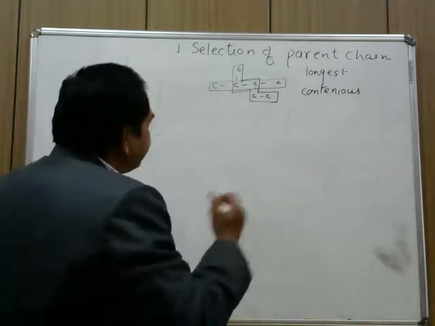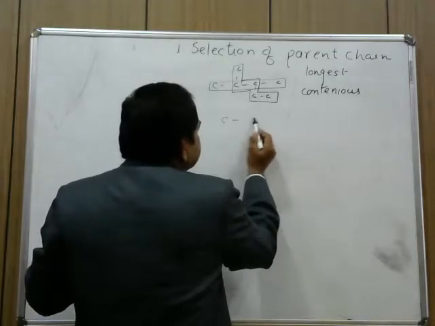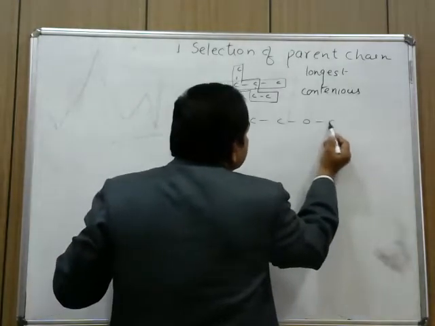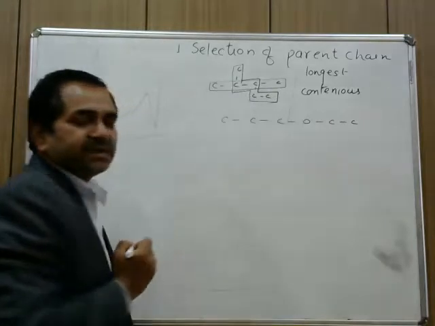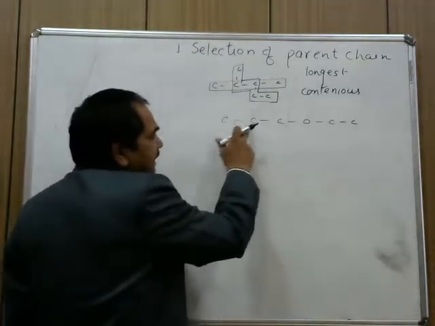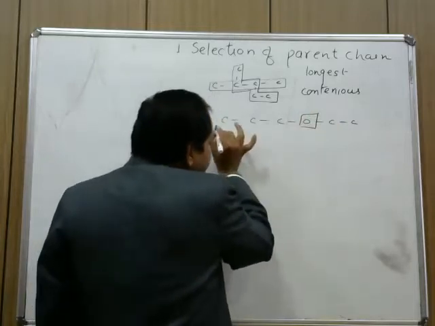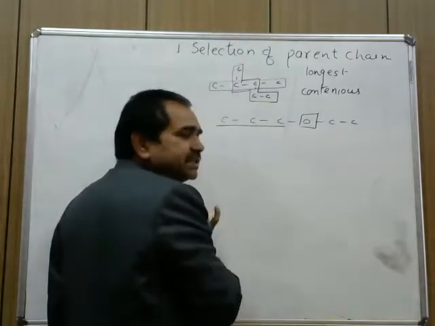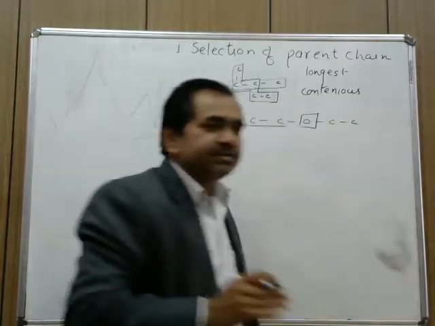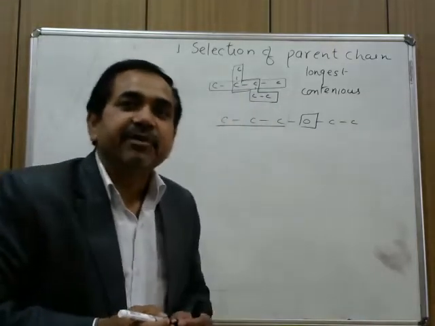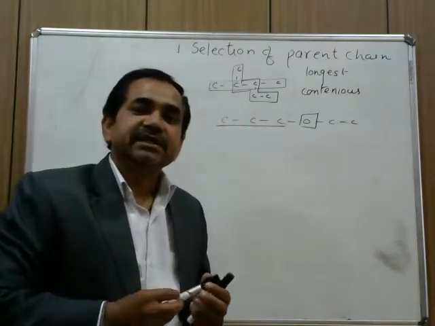Say for example, we have a compound like this, CCCOCC. So this is carbon, carbon, carbon, but this is oxygen. So only chain up to this is taken into consideration. These two carbons which are after oxygen, they will not be taken as a part of compound.